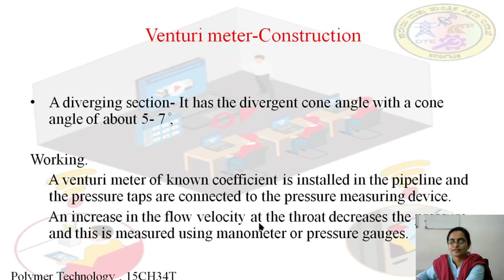An increase in velocity at the throat decreases the pressure, and this is measured using a manometer or pressure gauge. At the converging section, the fluid is accelerated. At the throat, it attains maximum velocity, and again in the divergence section it is decelerated. So from the increased flow velocity at the throat, the pressure difference can be calculated using a manometer or other pressure gauges.